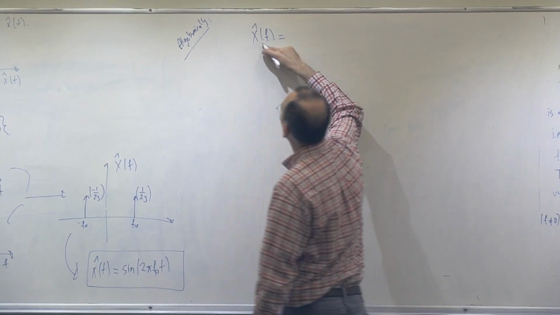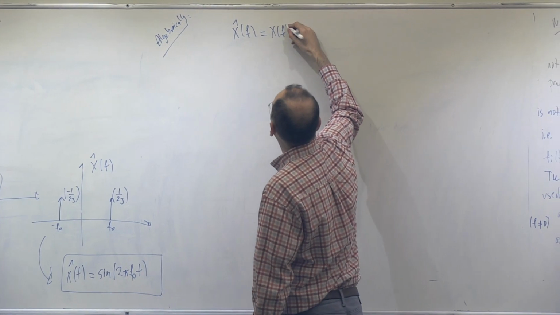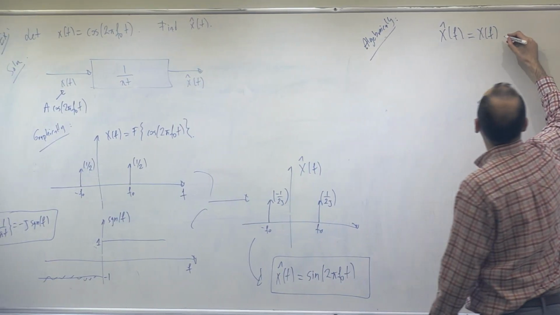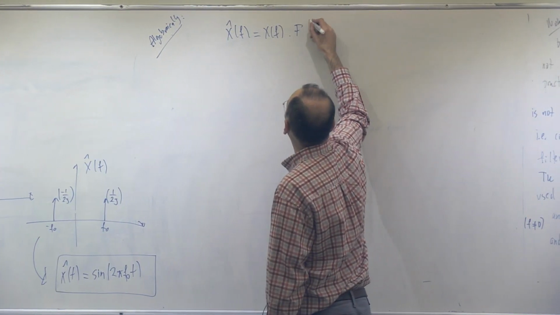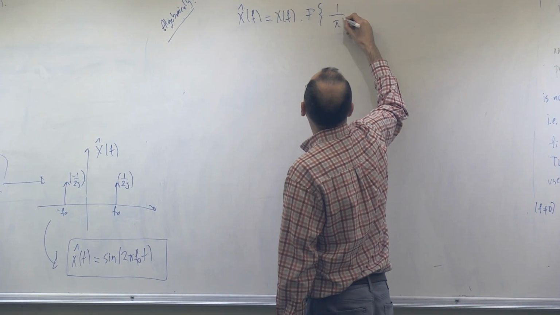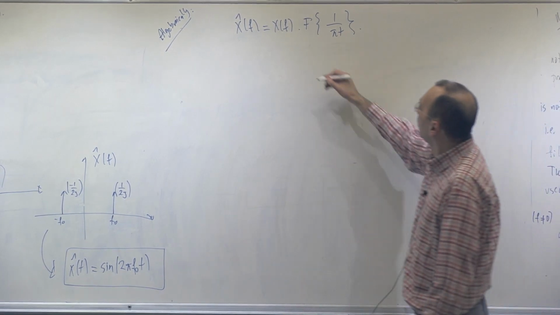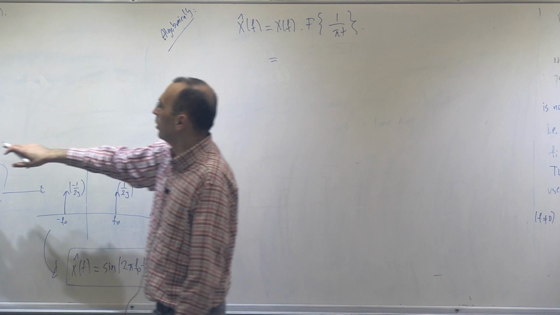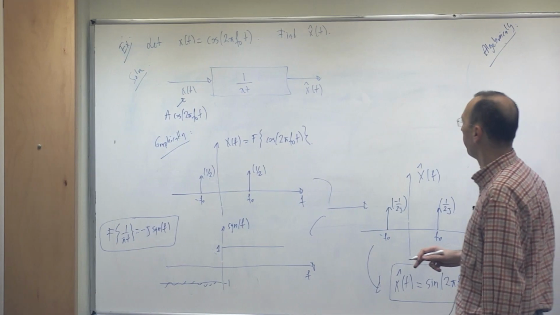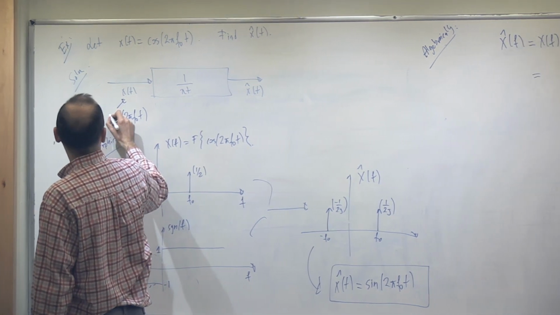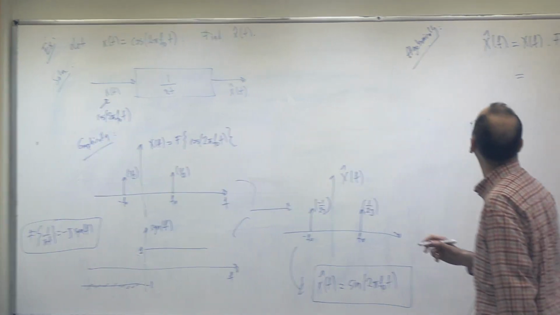This is equal to the input's Fourier transform times, let me write one more time, the Fourier transform of 1 over pi t. So let's insert the Fourier transform of this cosine. Well, I put a over here, so this is 1. This is not a, because in the problem it's 1.